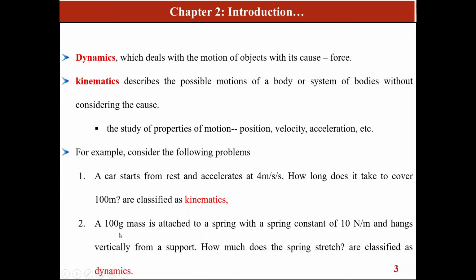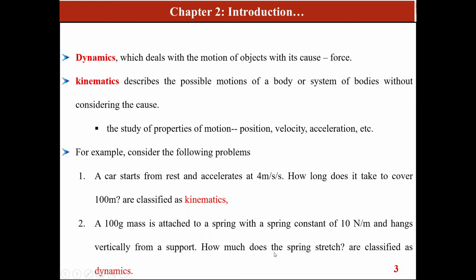Whereas the second one says a 100 gram mass is attached to a spring with a spring constant, which is given, and the unit is Newton per meter. So this is a spring constant value, and it hangs vertically from a support. How much does the spring stretch? This is classified under dynamics, because we have to consider the force, the mass attached to the spring, and this k value.